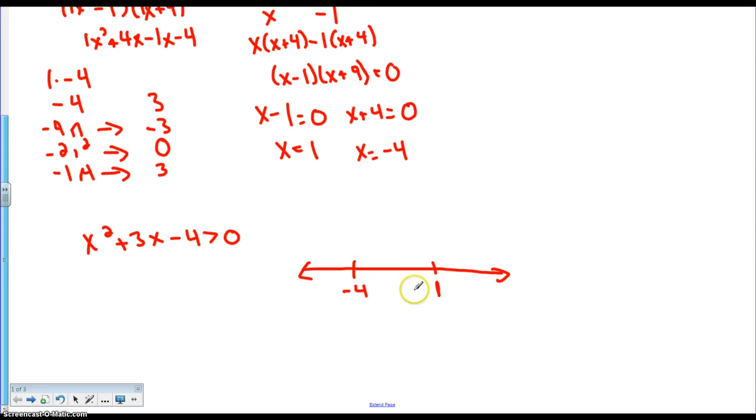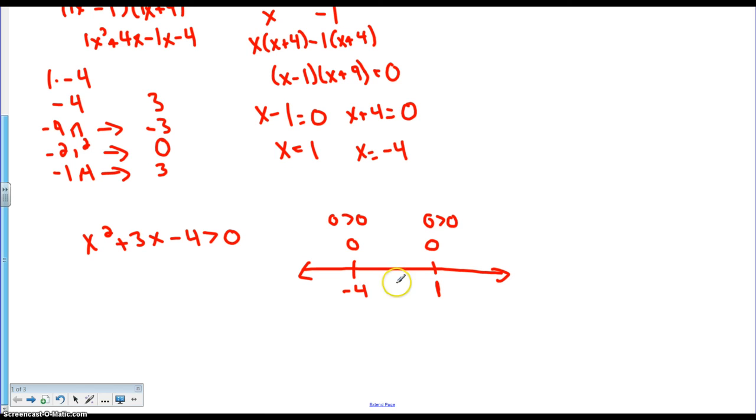If I plug these two values into this inequality, I know that I will get 0 for both of these. Now, does 0 make this inequality true? No, because 0 is not greater than 0. So I know these are not two solutions to this inequality.